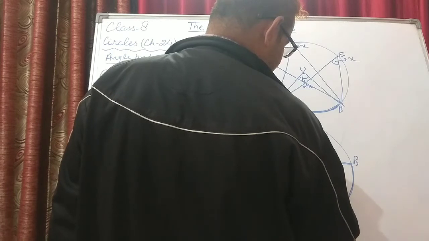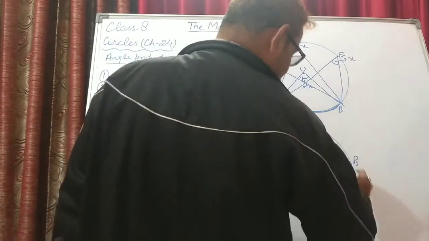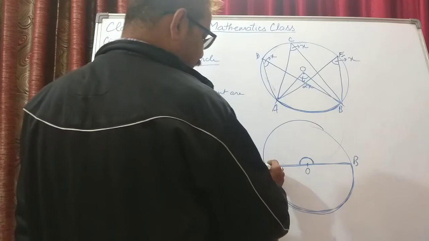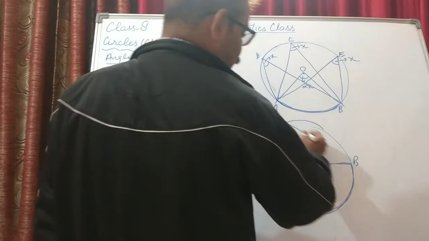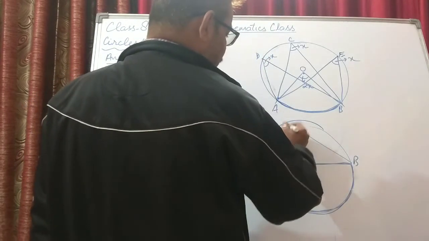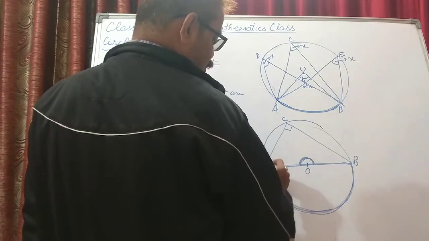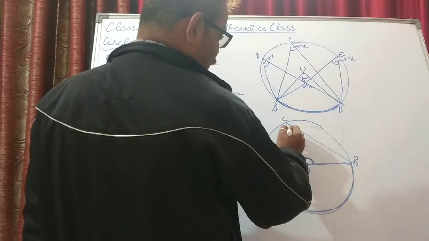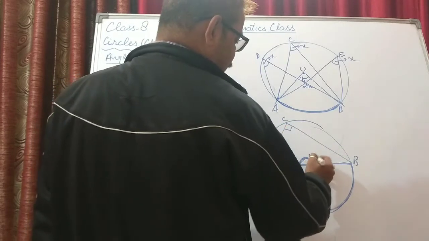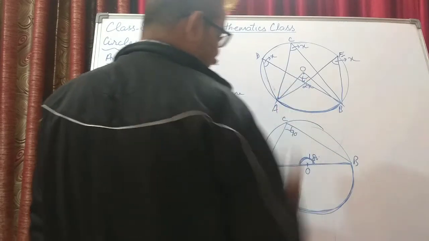So the angle made at the center by this arc is 180 degrees. So any angle made in the semicircle will be 90. This angle will be 90. Why? Because at the center it is making 180, so on the circumference it will make half. Half of 180 will be 90 degrees.